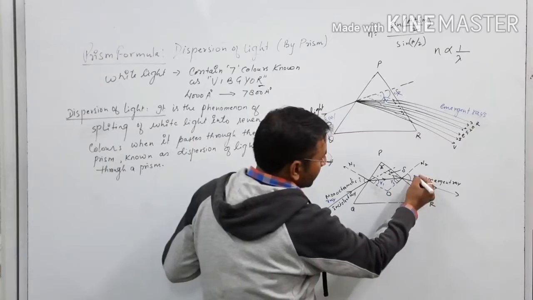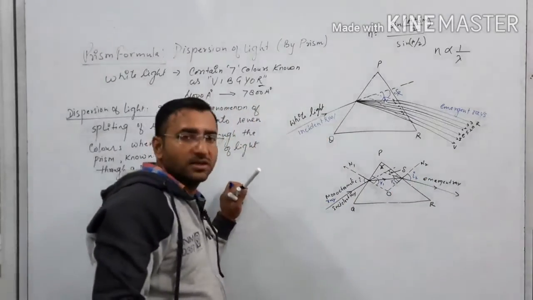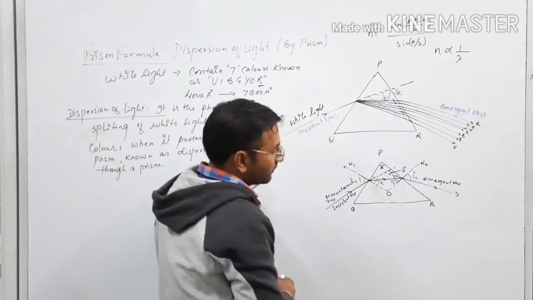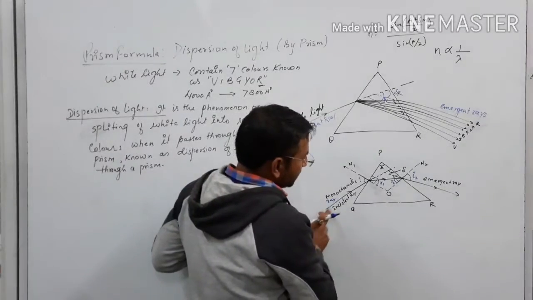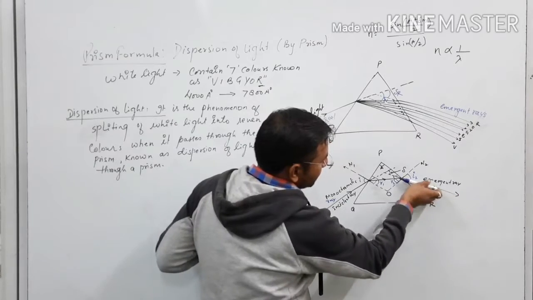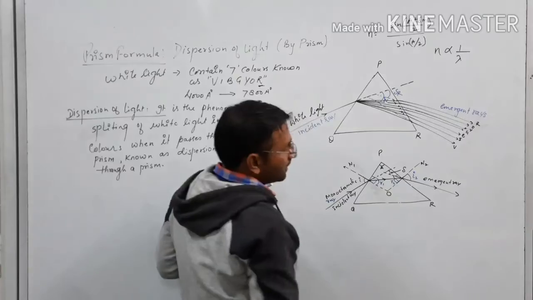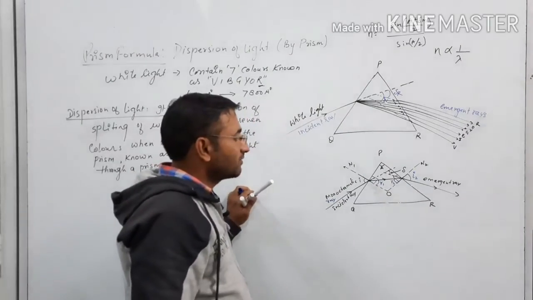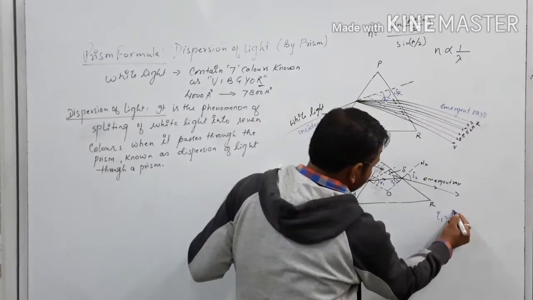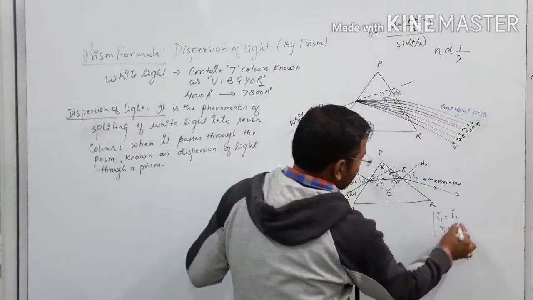If you want, you can write E. Otherwise, it is I2, because this ray diagram is symmetric for this prism. Why? Because if the light enters from the other corner, from that side, it will follow the same path. In case of minimum angle of deviation, I will put the condition I1 equals I2, then R1 equals R2.